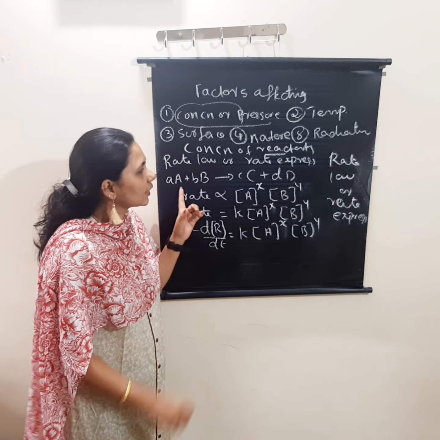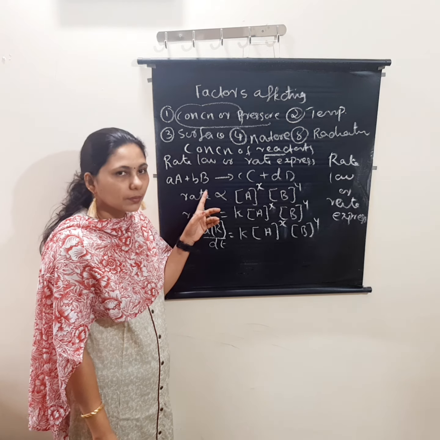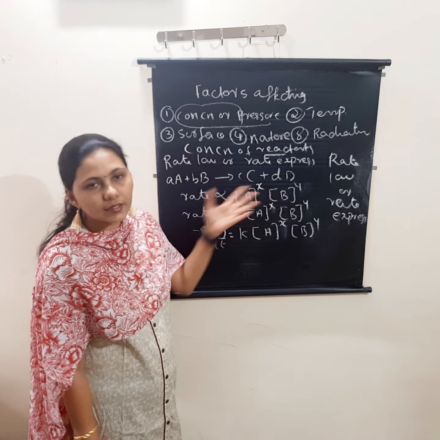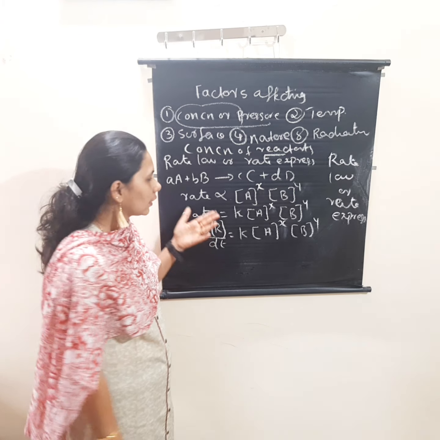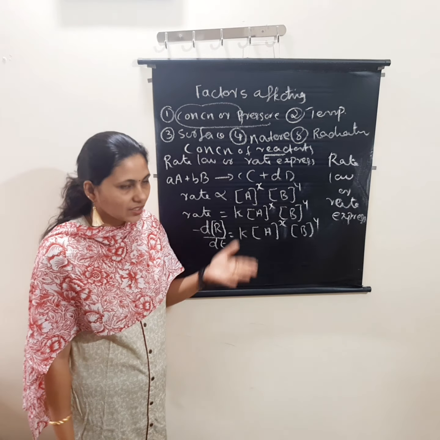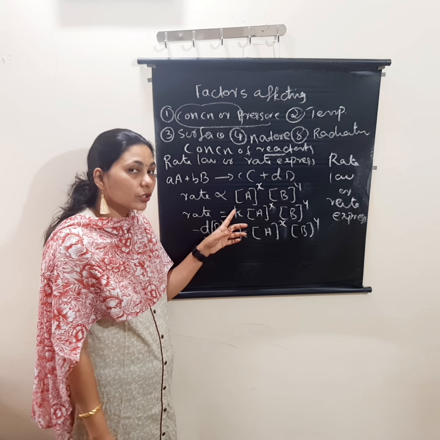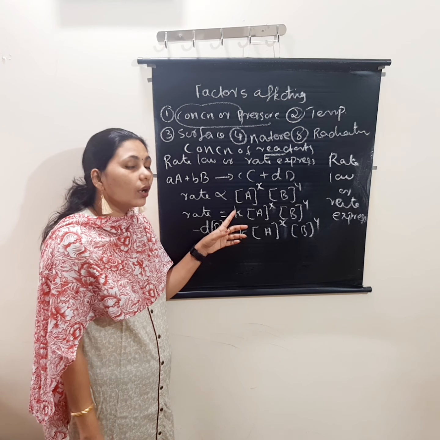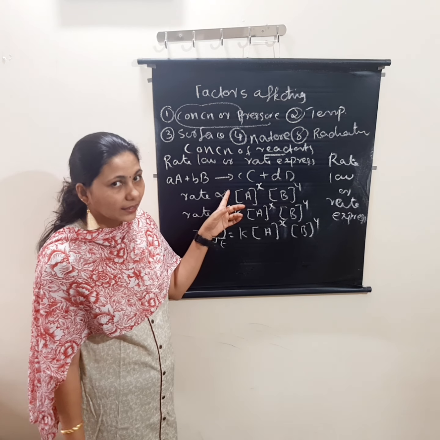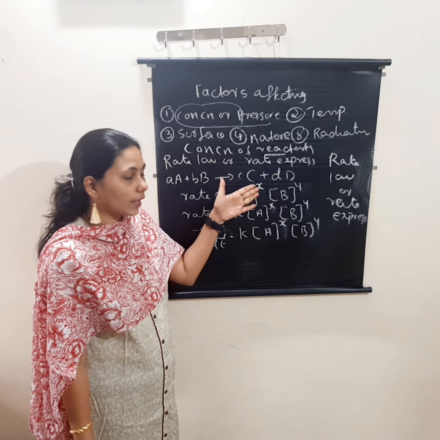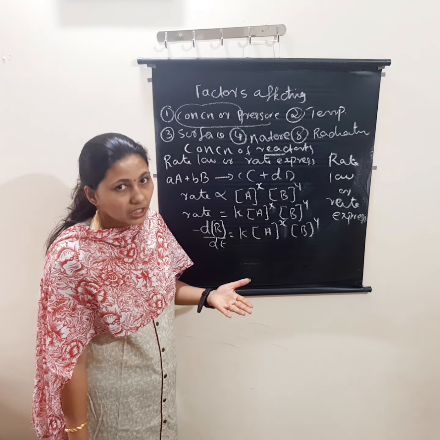Consider a general reaction aA plus bB gives cC plus dD. This equation is commonly used as the general type of equation in this chapter. So we know rate is proportional to which one according to the rate law? Rate is proportional to the molar concentration of the reactants raised to some powers, and these powers are experimentally determined.